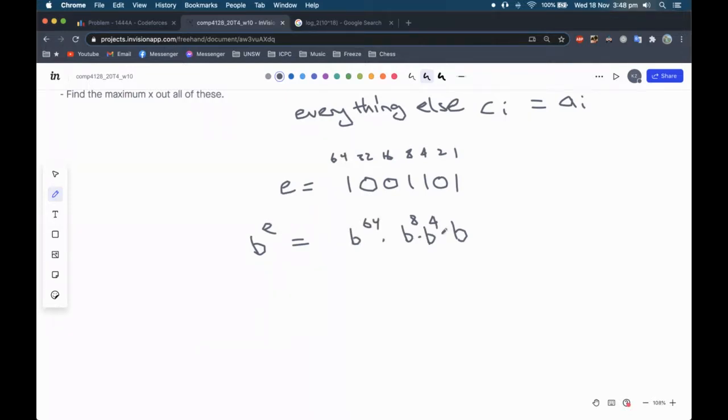So b to the e is just going to be equal to this product of b's for these powers of 2. By looking at the binary representation of e and only multiplying by b every time the bit is set, we get our power.